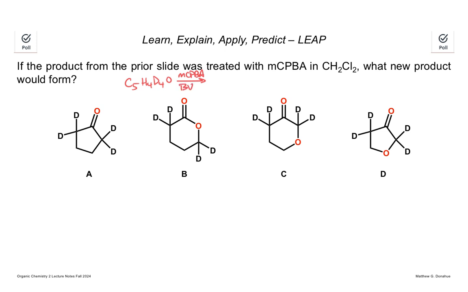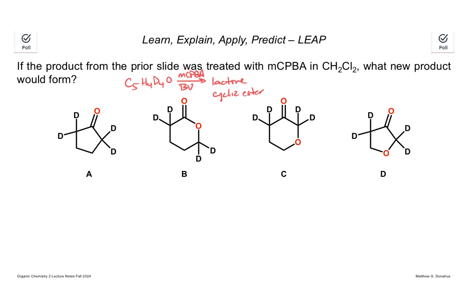And do you remember what the name of the product will be for that? You start with a ketone, you end up with, so this will be a lactone because it's cyclic. So a lactone, that's a cyclic ester.